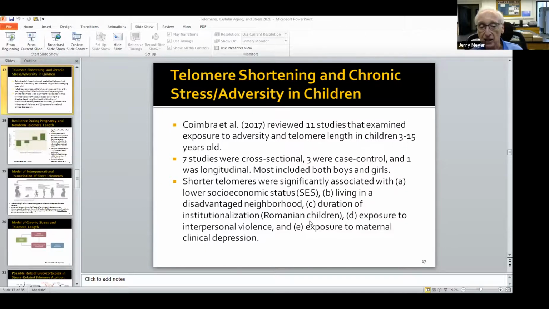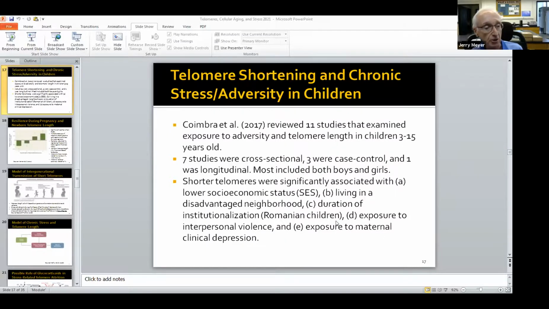Researchers have had access to these children, who are now adults. Quite a bit of time has elapsed since then, but some of these impoverished-raised kids are still being studied by various research groups.